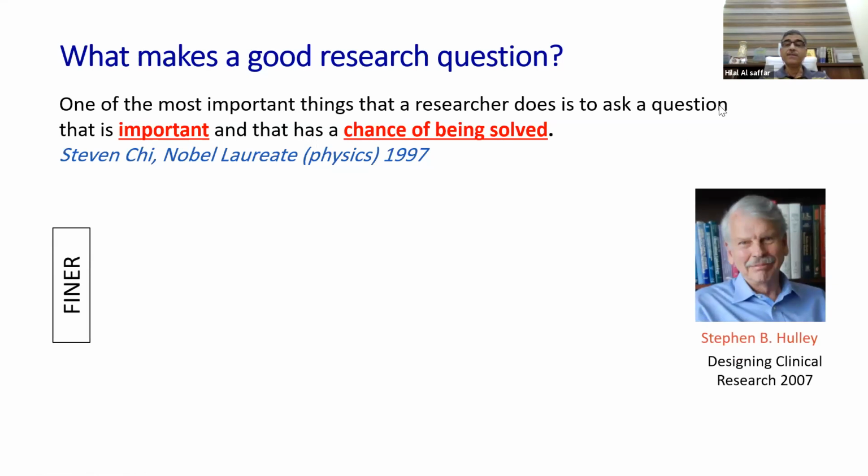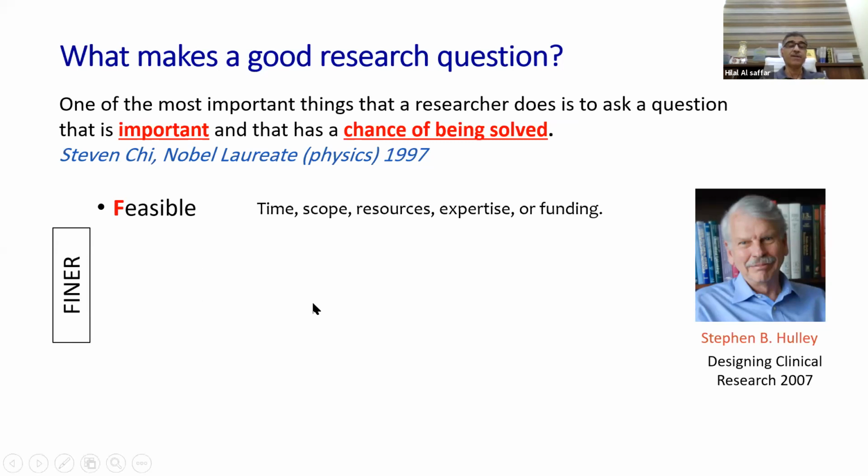Stephen Hulley in 2007 put this word, FINER, and we will see that it consists of 5 letters. F denotes feasible. The research question should be feasible in relation to time, in relation to our resources, in relation to our expertise, and even to our money.